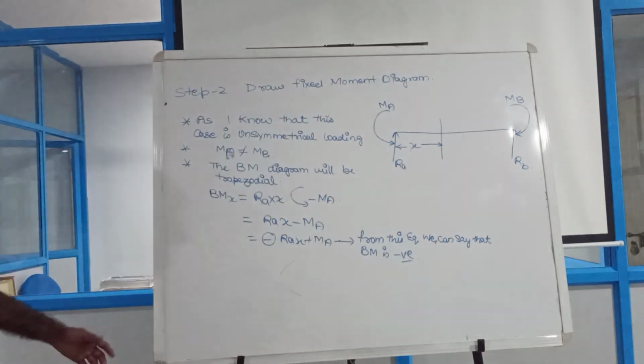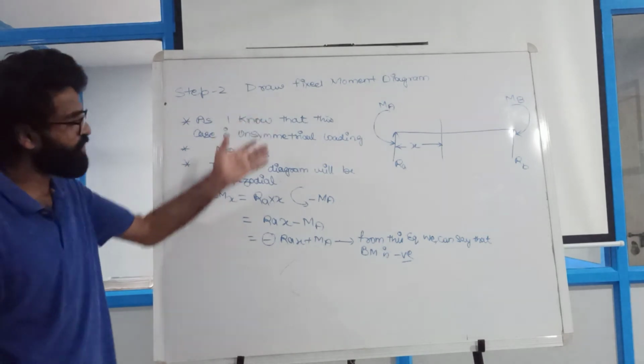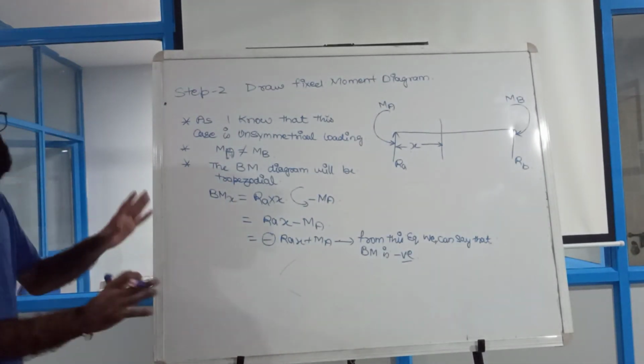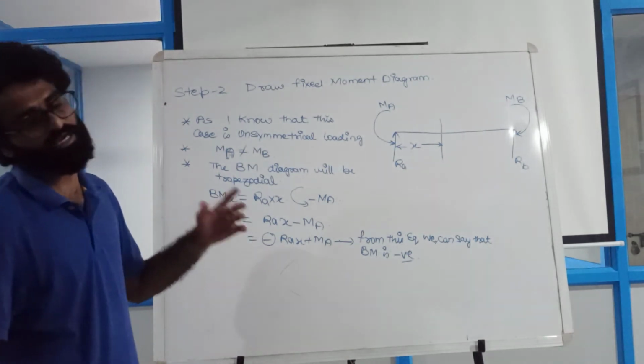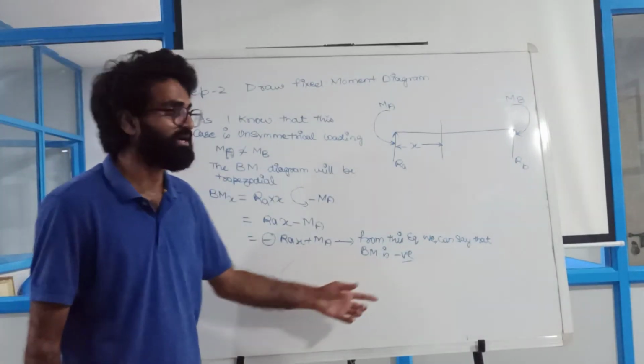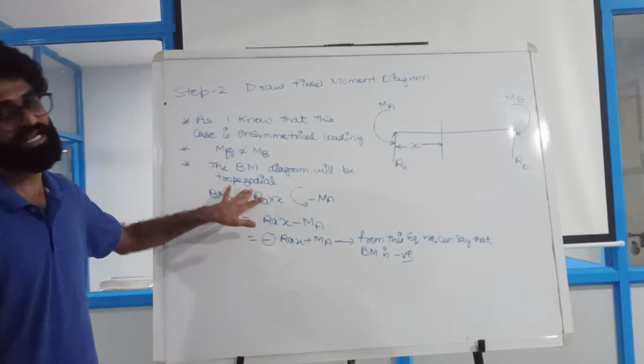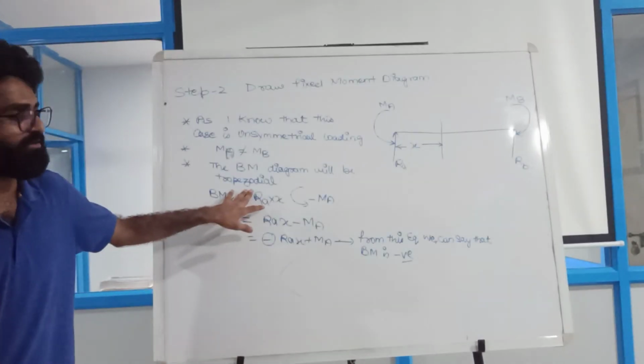So this is the important point. For your clarification I am doing this, but without any kind of hesitation you can directly take the bending moment as negative, and for unsymmetrical loading you can directly draw the diagram in the trapezoidal shape.